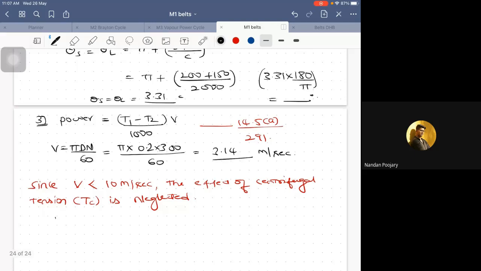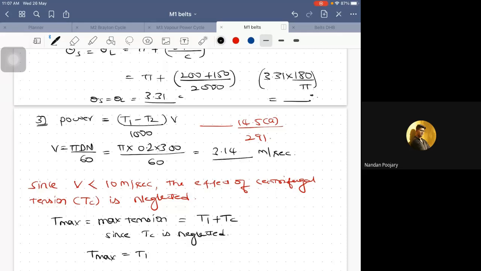So T max is nothing but the maximum tension. This maximum tension will always be the summation of T1 plus Tc. Since Tc is neglected, your T max would be equal to T1, correct?